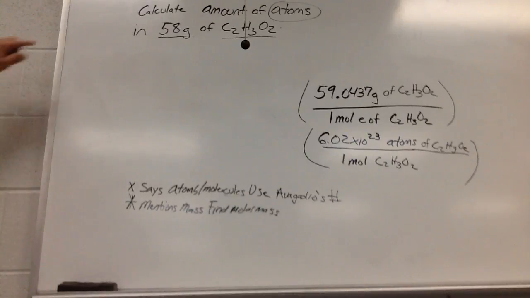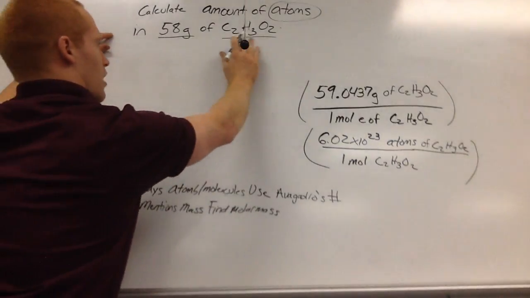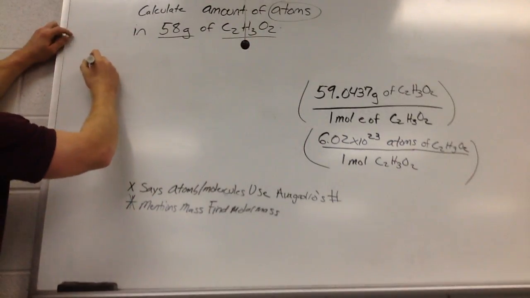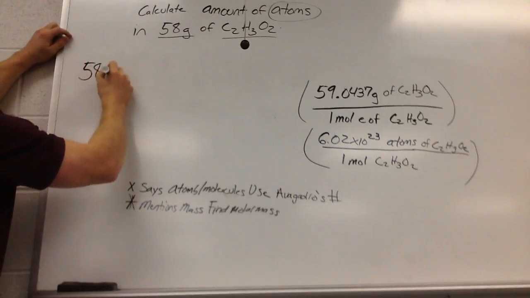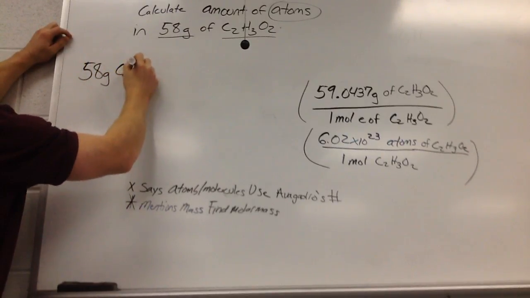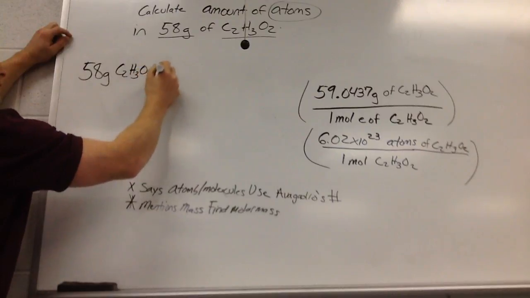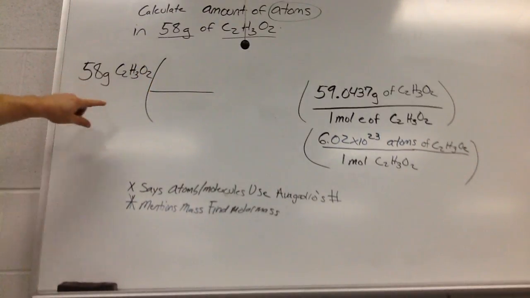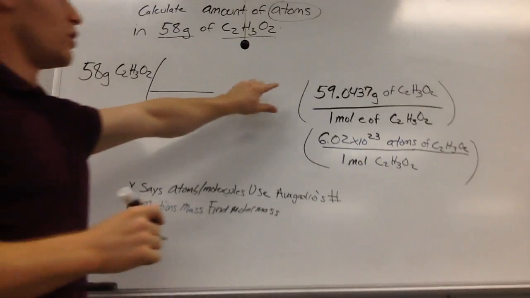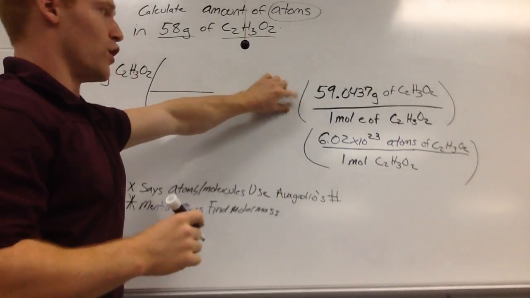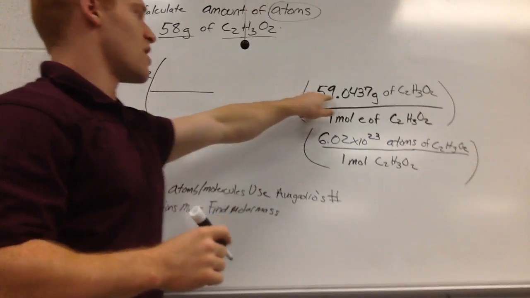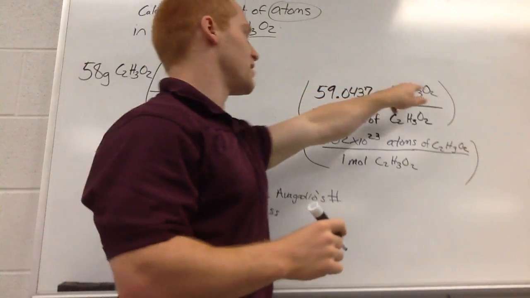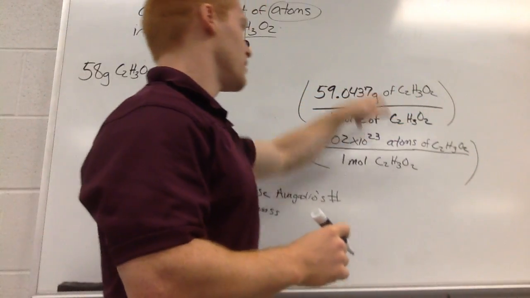We are going to start our problem with our givens. Remember, I underlined givens, circled our unknown. So we're going to start with 58 grams of acetate. We want to get rid of grams, so it has to go on the bottom. So we're going to flip this conversion. This whole top is going to go on bottom, and this whole bottom is going to go on top.